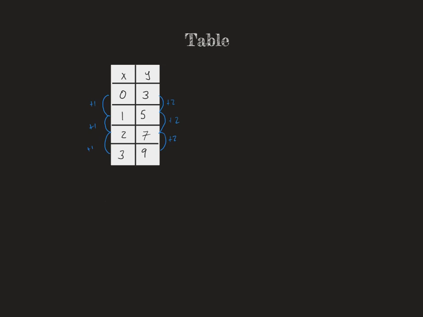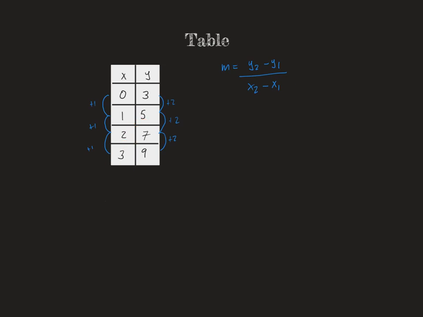So what we're going to be doing is, again, we're going to use the slope formula. So the slope formula is going to be m is equal to y2 minus y1 over x2 minus x1. In this table, you actually have multiple points.